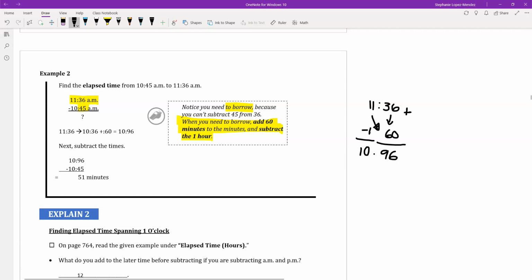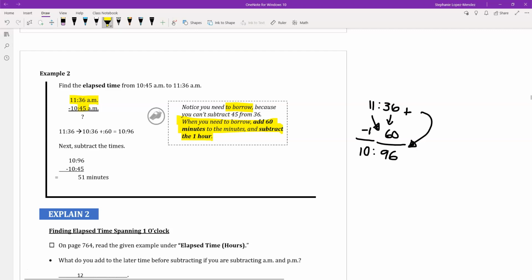Okay, and I just put down the point to make it a time. So instead of having 11:36, now I have 10 hours and 96 minutes.